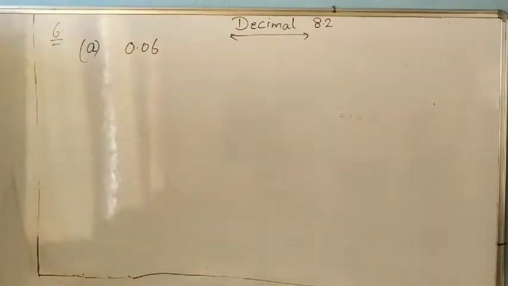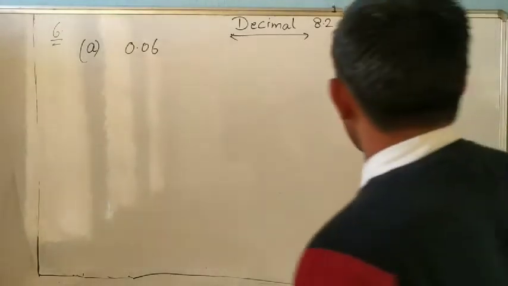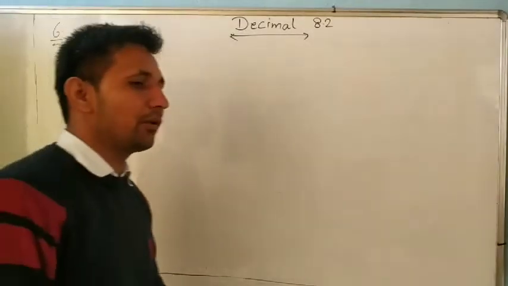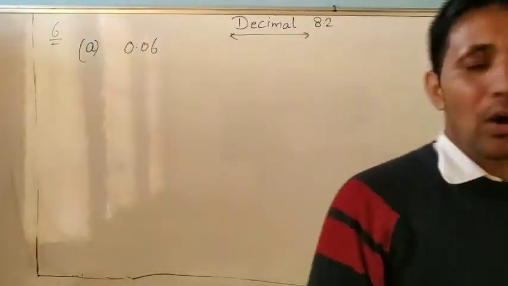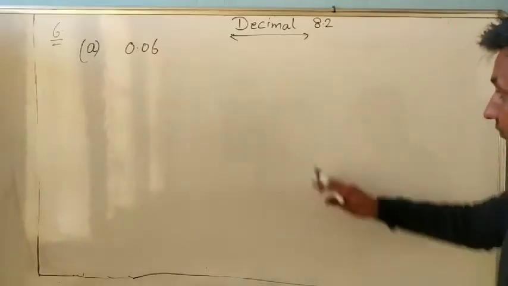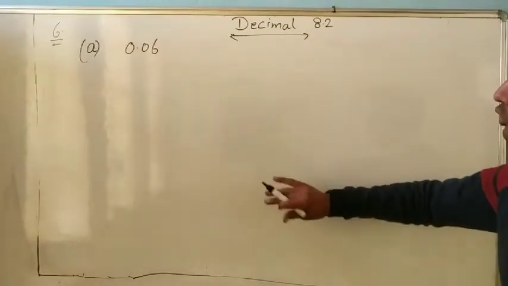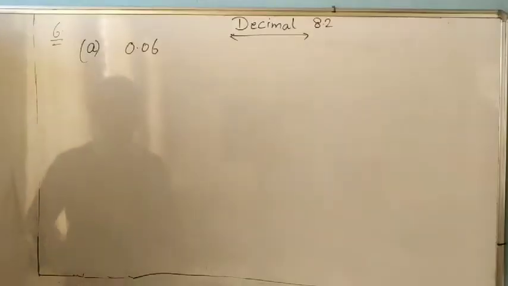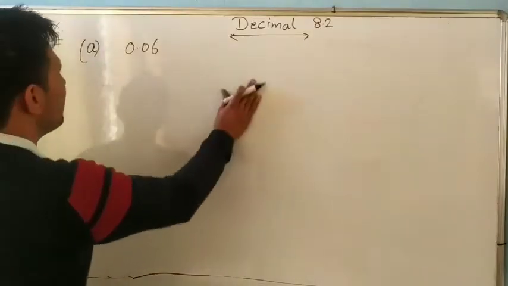This question we already finished in Exercise 8.1, same as it is. We have to write between which numbers 0.06 lies. Always remember, 0 point something lies between 0 and 1.